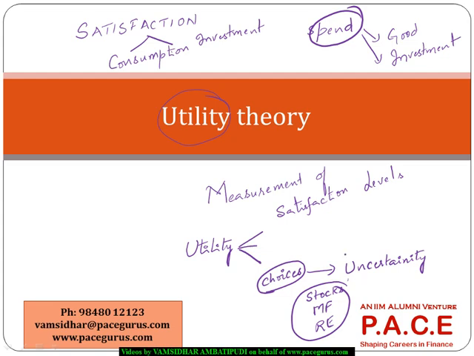So my point from a utility theory dimension is that each of these different forms of investment has some level of uncertainty. Stocks can give either a 15% return in a year, or there is a chance that I may lose 10% in a year.